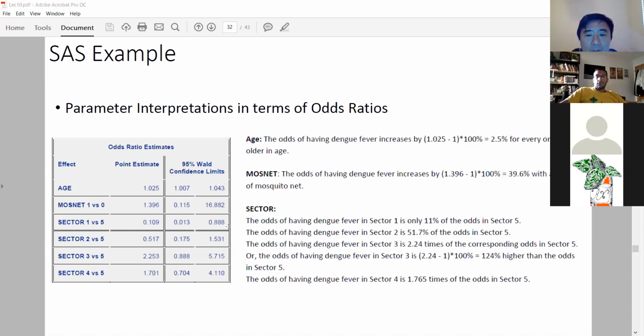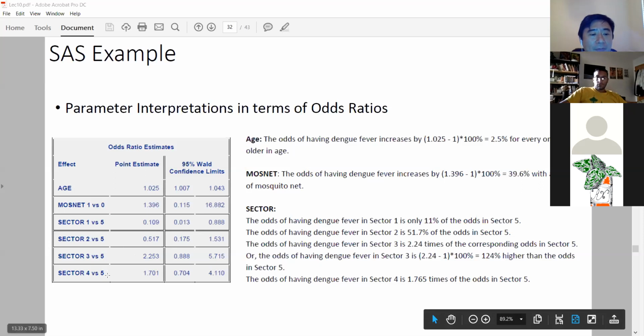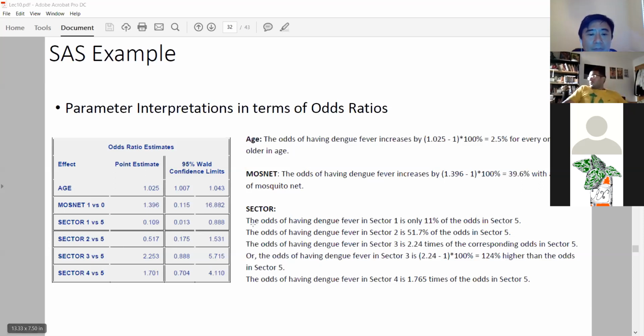And also for the factor of geographic location, which is the sector location, you have to compare every single parameter with number 5, because number 5 is the reference. For example, for 1 versus 5, you have about a 0.11 odds ratio.